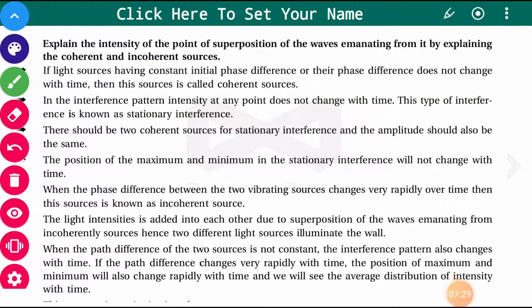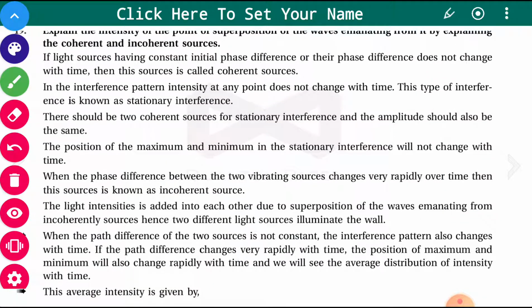Now there is an explanation of the intensity at the point of superposition of the waves emerging from the sources, by explaining the coherent and incoherent sources. Now if light sources have constant initial phase difference, or their phase difference does not change with time, then they are called the coherent sources.